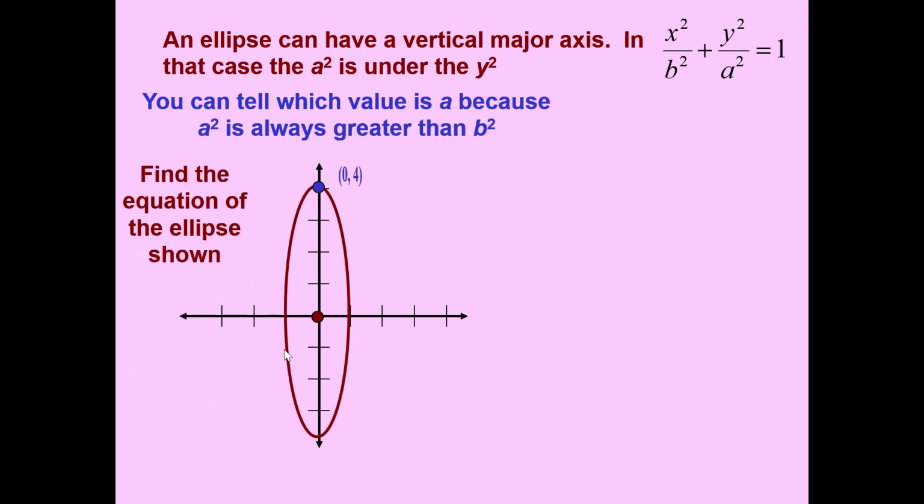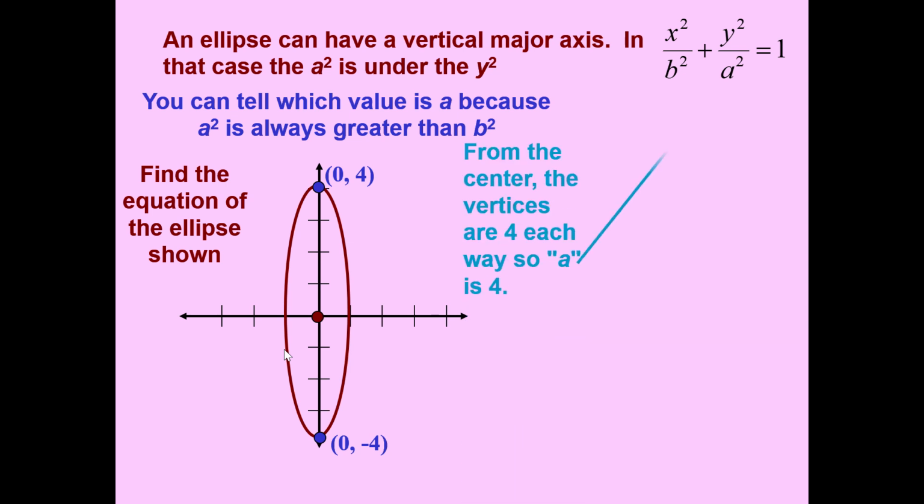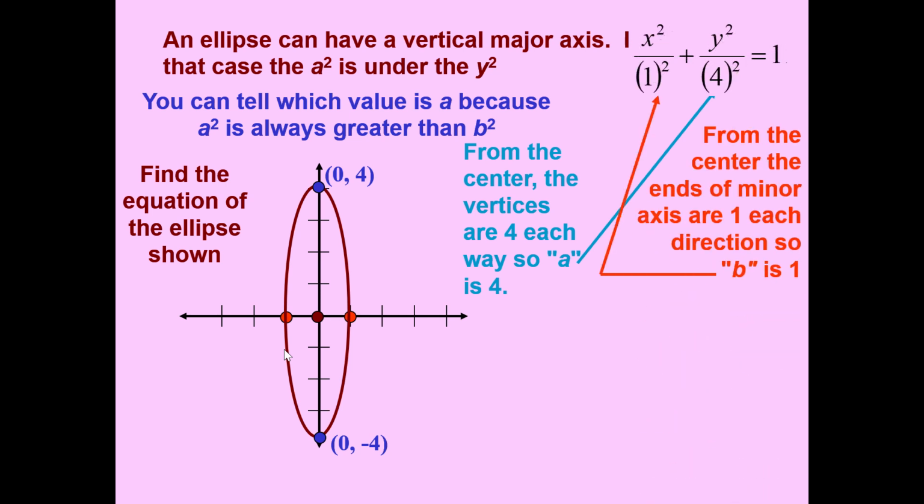Find the equation of the ellipse here. We have our vertices there at the ends of the major axis, so in this case 4 and negative 4. So 4 squared. For the minor axis, it goes over 1 squared.